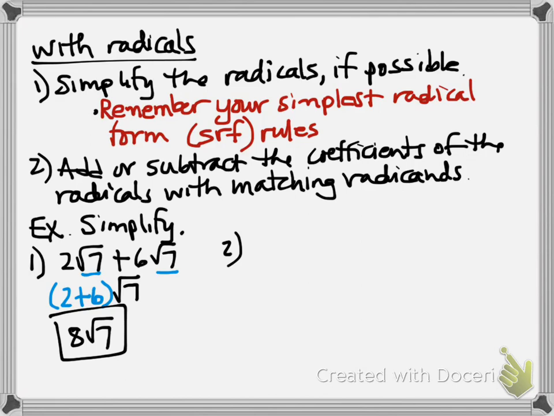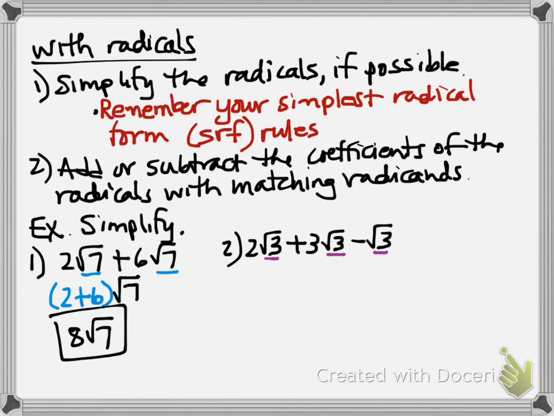Okay, all right. 2 radical 3 plus 3 radical 3 minus radical 3. So our job, look at your radicals. Do they match? Are they the same? Can they get simplified? Anything to be done with them? Do they all match? Okay.